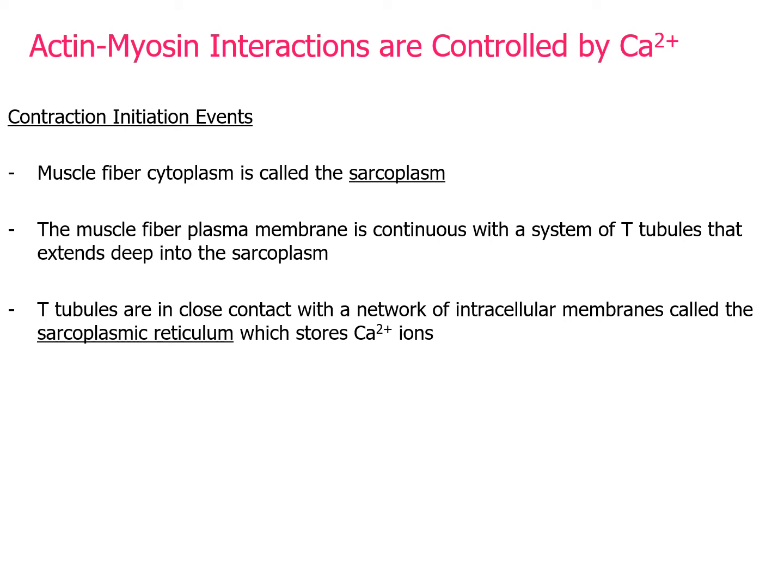That skeletal muscle fiber membrane is called the sarcolemma, and the cytoplasm is called the sarcoplasm. The sarcolemma is continuous with a system of tubules that extend down into the sarcoplasm. There are these tubular structures, T-tubules, that join up with the sarcoplasmic reticulum.